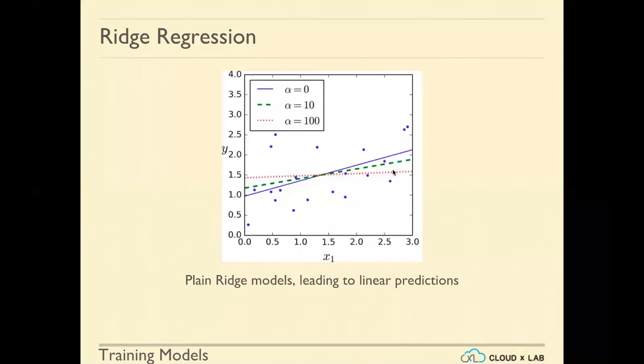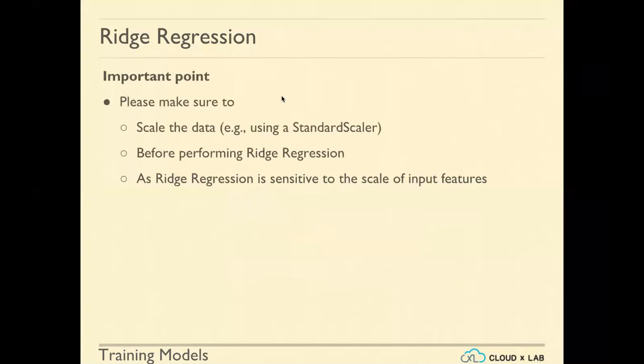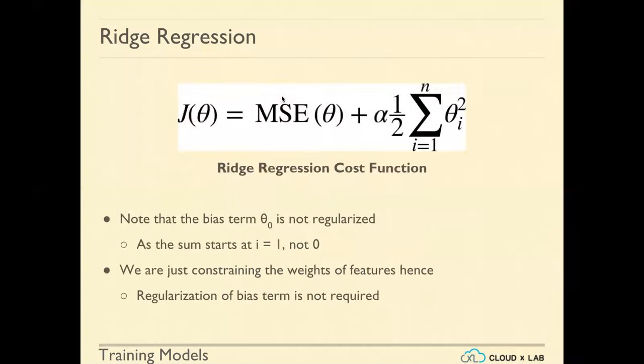The significance of the features keeps going down if we keep increasing the coefficient of the ridge regression, this alpha.